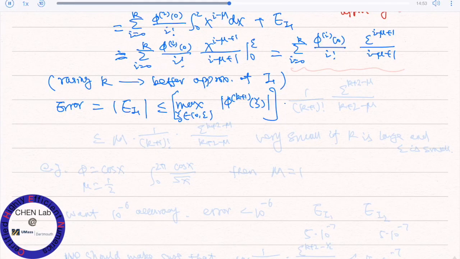I integrate x to the k plus 1 minus mu divided by k plus 1 factorial. So this is 1 over k plus 1 factorial, and x to the k plus 1 minus mu becomes epsilon to the k plus 2 minus mu, divided by k plus 2 minus mu.